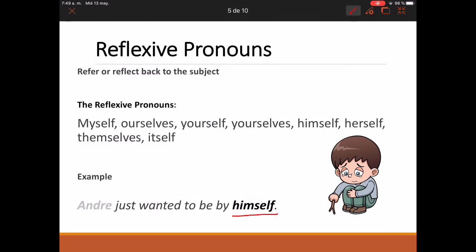If we see here, himself is reflecting to whom? Himself is the same, and then we don't have two different subjects. We have the same subject. You will see, guys, that they reflect. What does reflect mean? That they are the same.